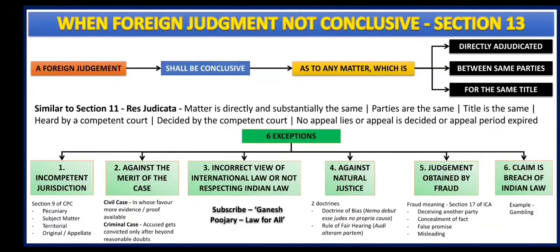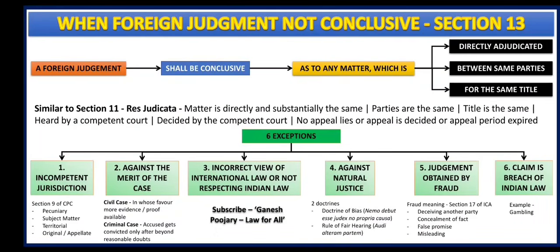Coming to section 13, it discusses about when foreign judgment not conclusive. This is a beautiful section where in the first half it discusses about the judgments which are conclusive when given by foreign court. Saying so, the second part, which is very important, discusses about those circumstances when a foreign judgment is not conclusive or the exceptions for this particular section.